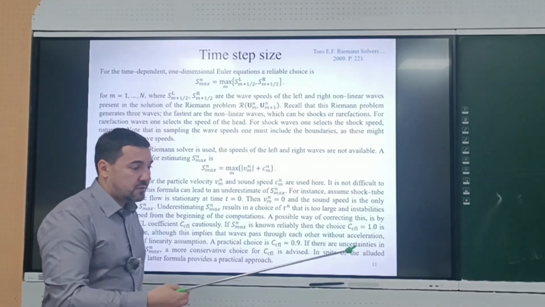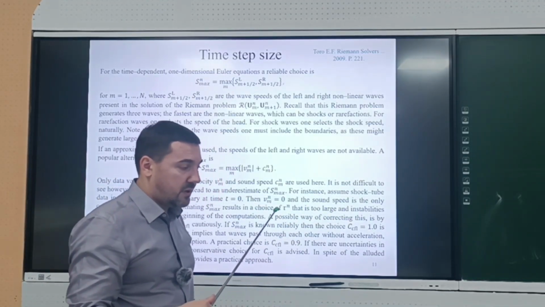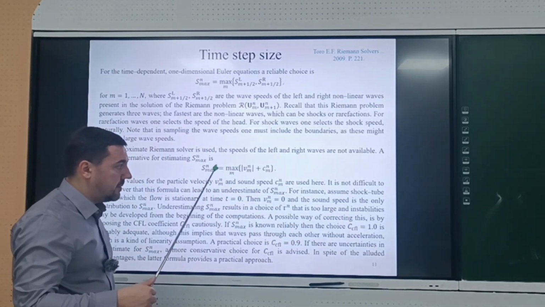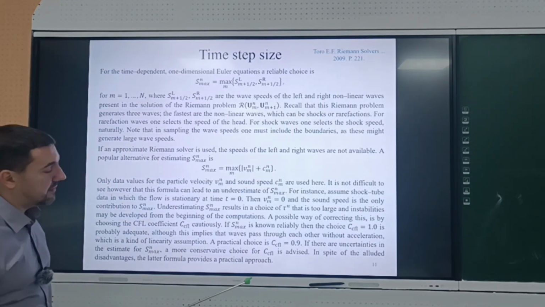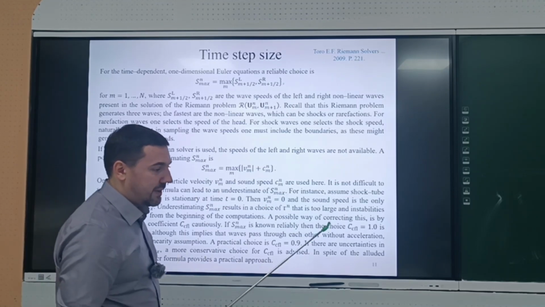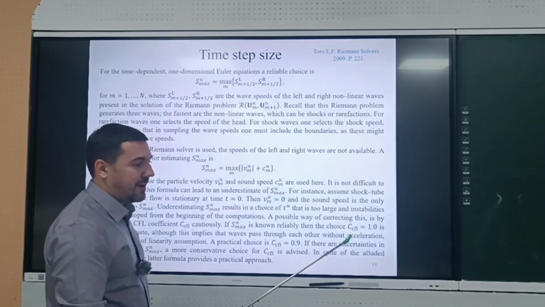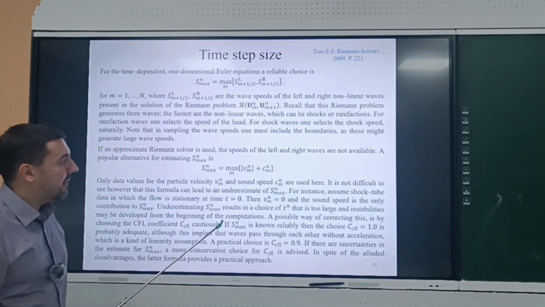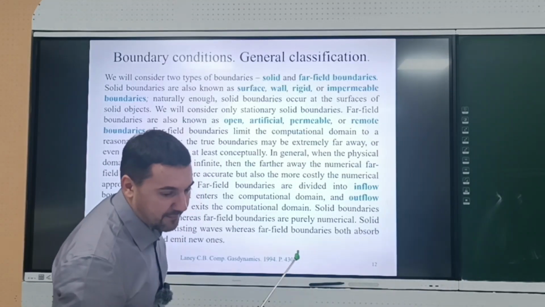How can we choose the time step? Actually, this approach is used in the program, and I will show you where these formulas are implemented. In the first part of the lecture, I'm trying to explain all the features that you will see in the second part of the lecture in code. So that's the main idea.